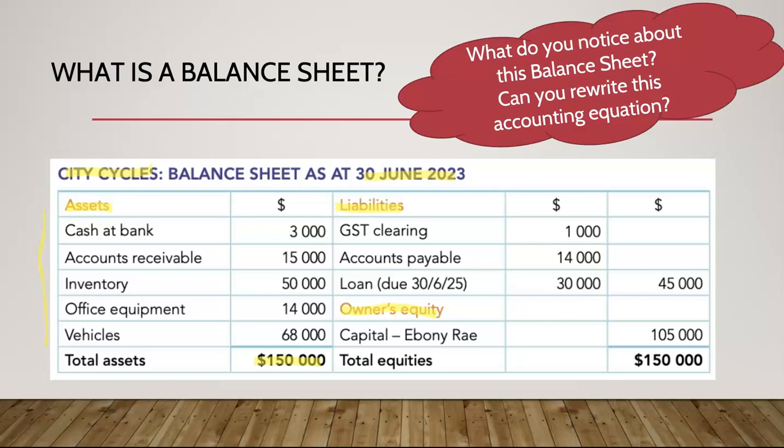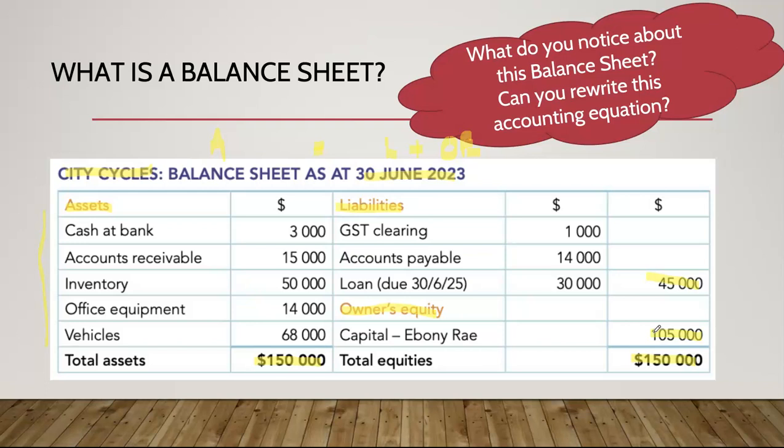And then our liabilities plus our owner's equity also equals $150,000, because our assets equals our liabilities plus owner's equity. Our liabilities here are $45,000, and our owner's equity is our capital of $105,000.